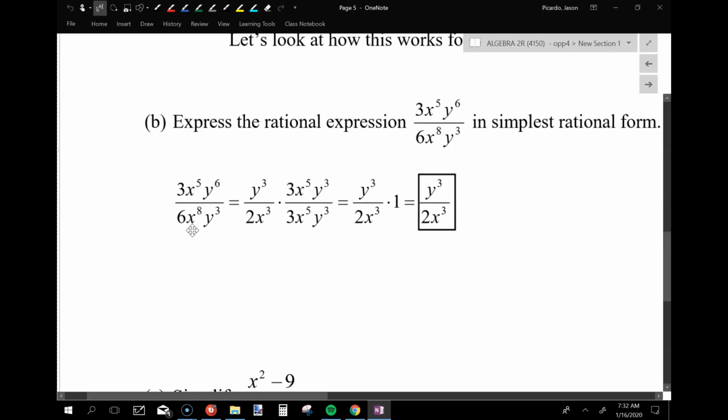For a GCF, I have to pick the variable that has the smallest exponent, right? And then I have y to the 6th, and I have y cubed. So which one am I going to take? The y to the 3rd, right? So my GCF is 3x to the 5th y cubed, which leaves a y cubed. 3x to the 5th y cubed, which leaves a 2x to the 3rd. These things reduce, and I'm left with that.